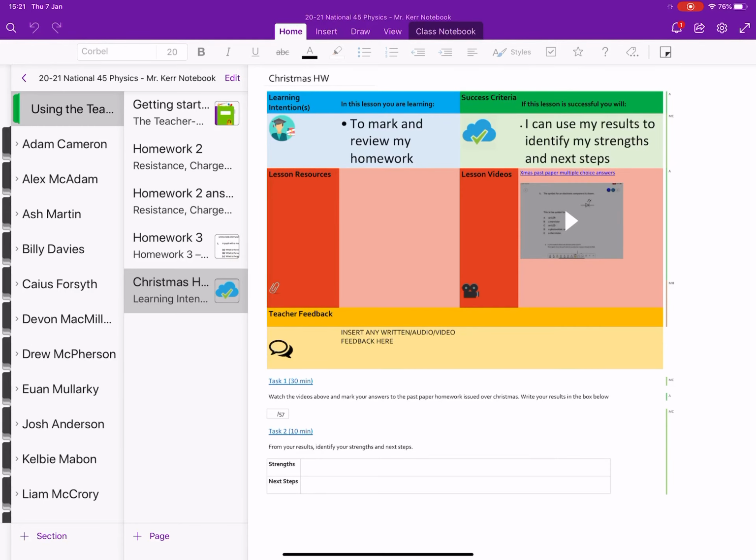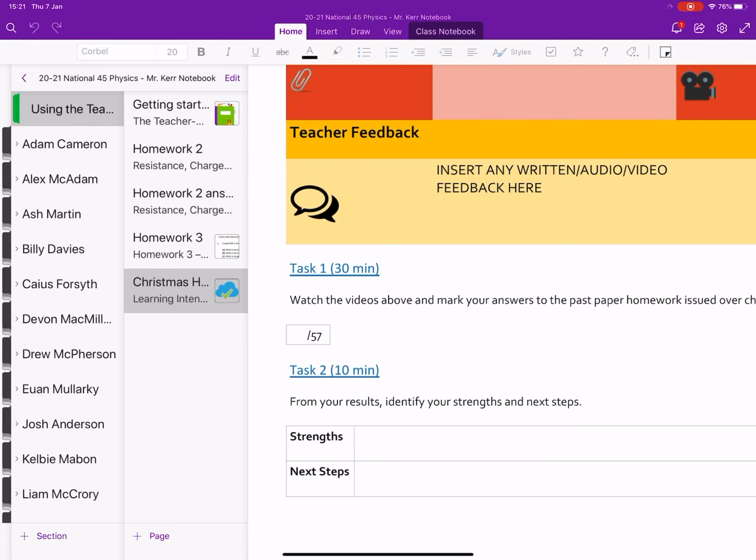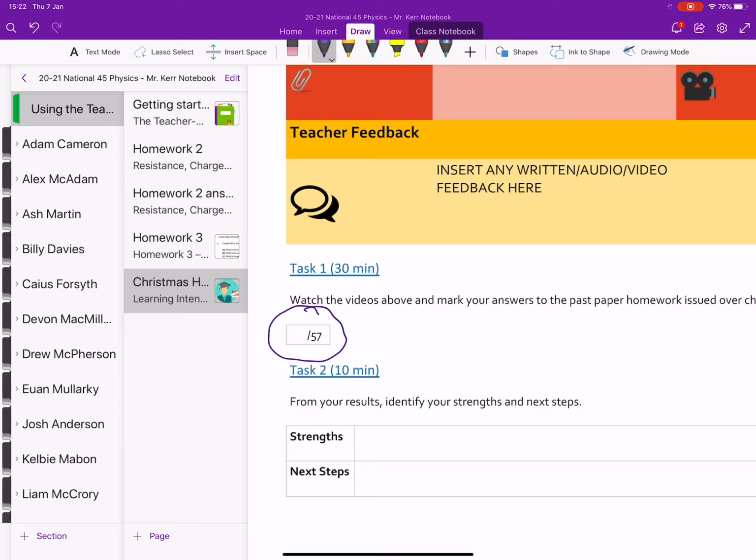This full paper was out of 57. So what I'd like you to do is put your mark in there in your OneNote page and then fill out your strengths and your next steps depending on what ones you got right and which ones you got wrong. That's your task for this lesson. So on you go. Good luck.